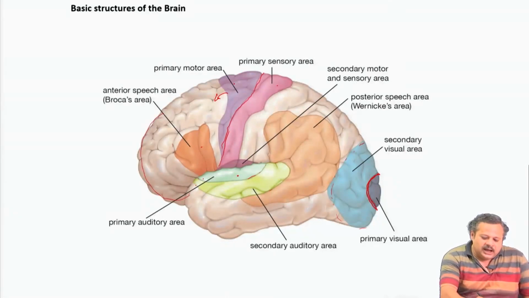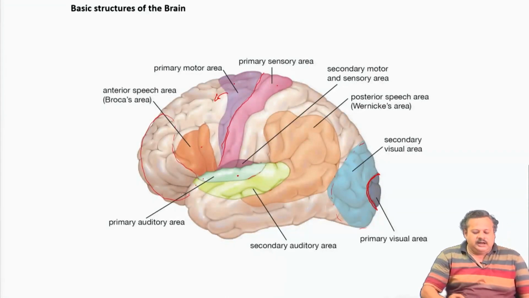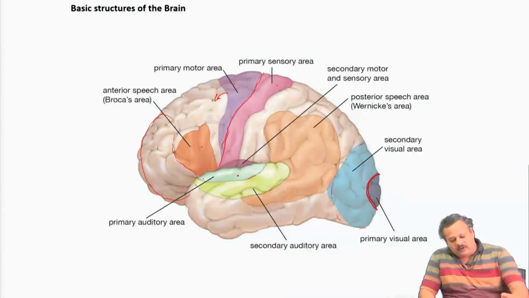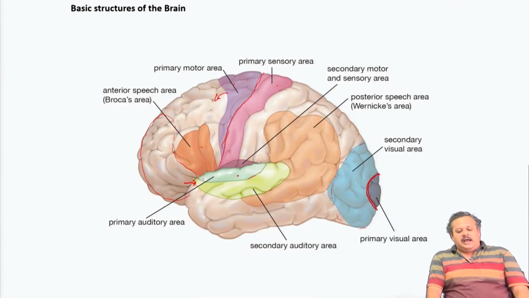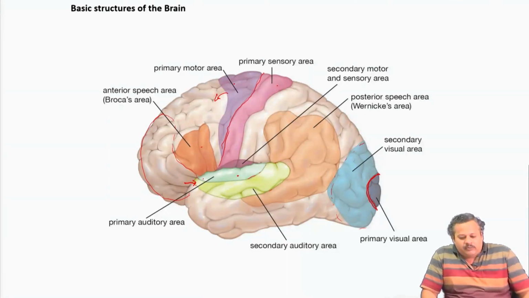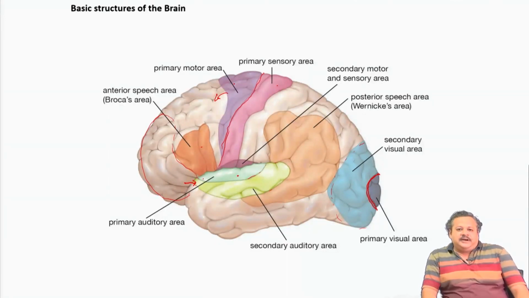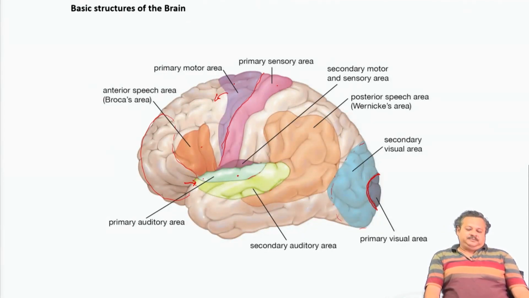And there is a very important region that is not visible here, tucked inside under Broca's area, which is another part of the prefrontal cortex, the orbitofrontal cortex, which is involved in flexible behavior. So this is broadly what the different regions of the brain are.